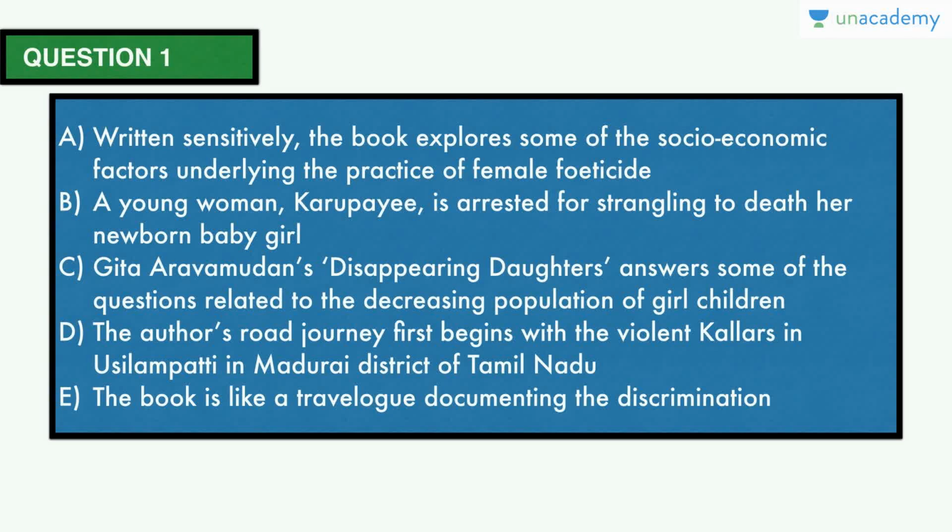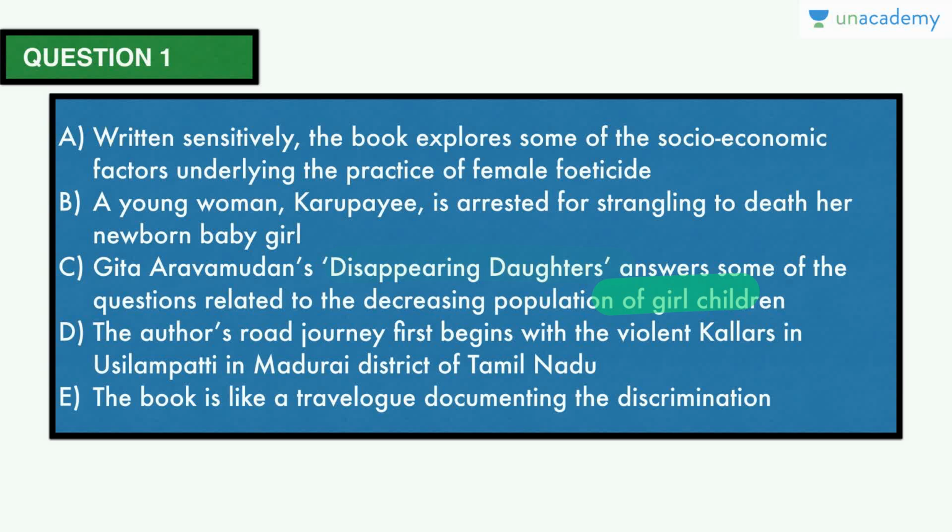Written sensitively, the book explores... what book? Explores some of the socio-economic factors underlying the practice of female feticide. A young woman, Karupai, is arrested for strangling to death her newborn baby girl. Oh God. Gita's Disappearing Daughters. Okay, this sounds like a book to me. The book Disappearing Daughters answers some of the questions related to the decreasing population of girl children.